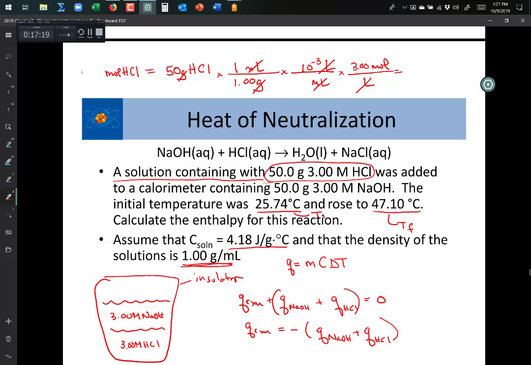I'll do that calculation real quick. 0.05 times 3. That comes out to be 0.15 moles. Let me double check that calculation. Yeah, 0.15 moles. 3 significant figures, actually.